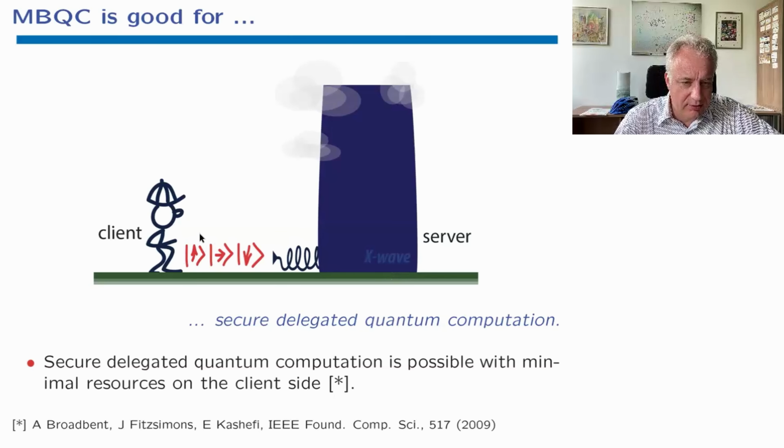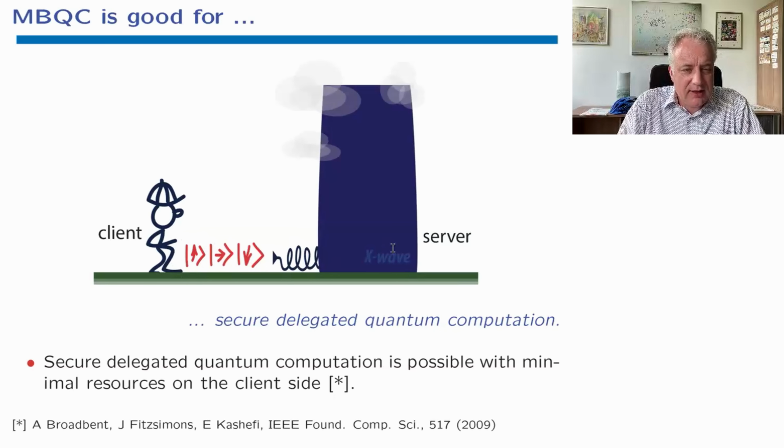So you, with your tiny little modem, want to delegate a quantum computation to that server, and you require two things. First, you do not want the server to learn what you are computing. And also, you do not want the server to cheat you.